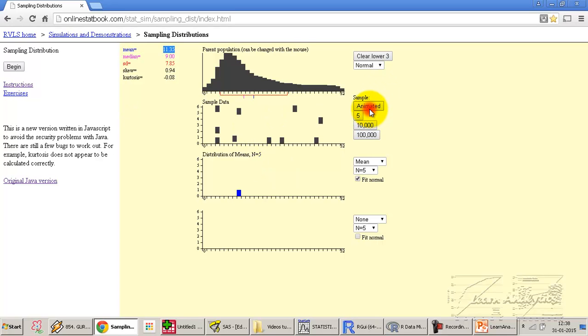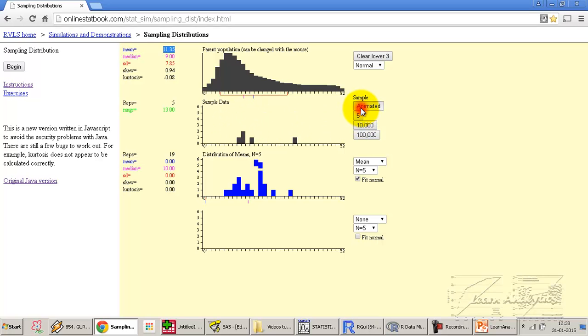And let's do it a couple more times. I'm clicking it a lot of times. So let's see. I am starting to get my distribution, as you can see, and this distribution should come around the mean that I expect it to be. Let's go straight away to 10,000 samples extracted, and there we have it.